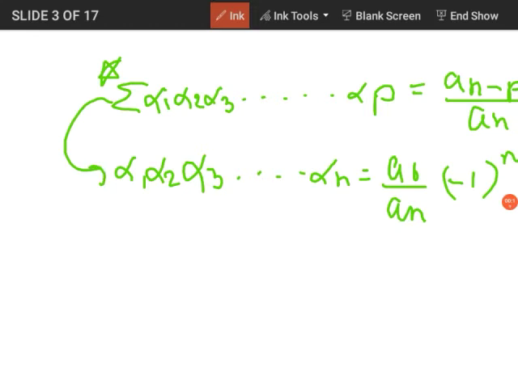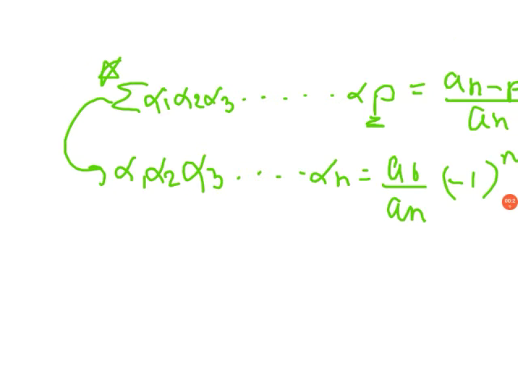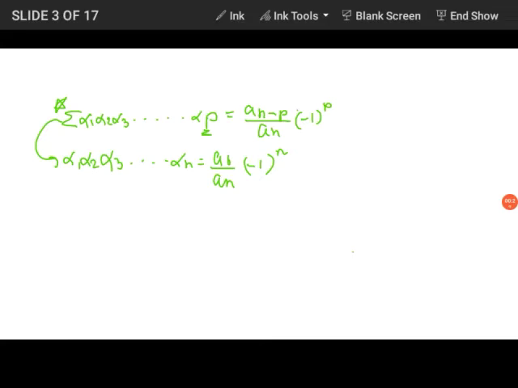Here we have just taken up to n, here we were taking up to p, and here we have taken all the roots. So this is just the same. Now this is what we call Vieta's relations. These are the relations between the roots and the coefficients of any equation.